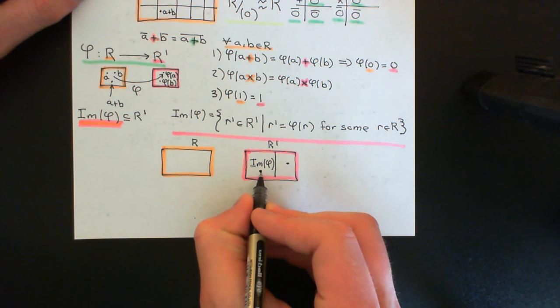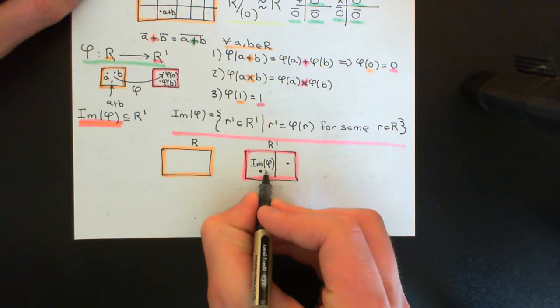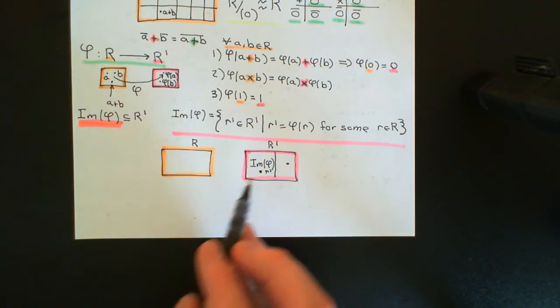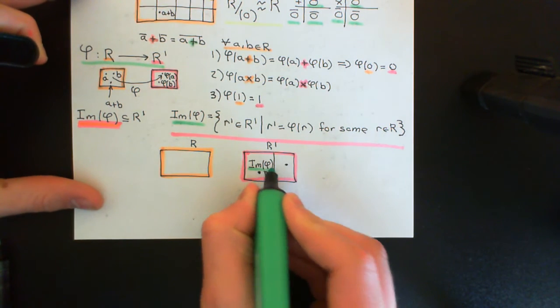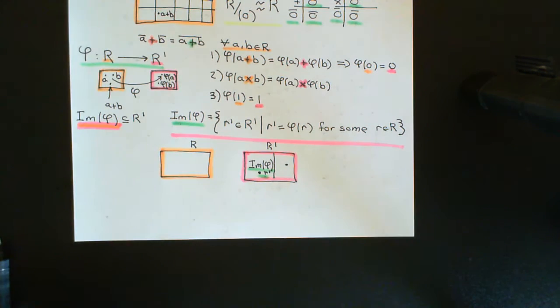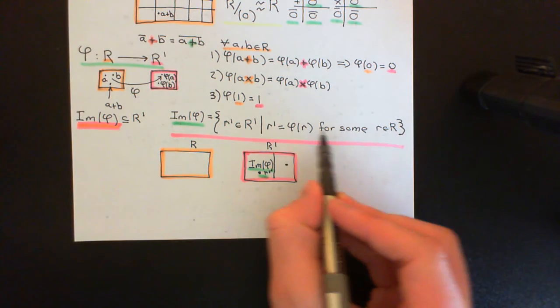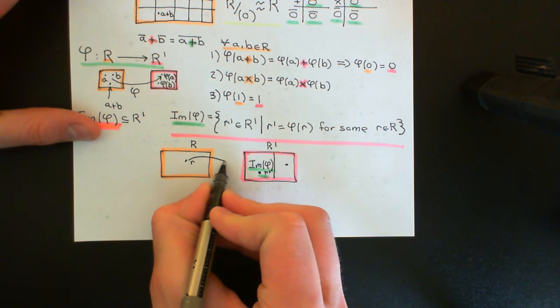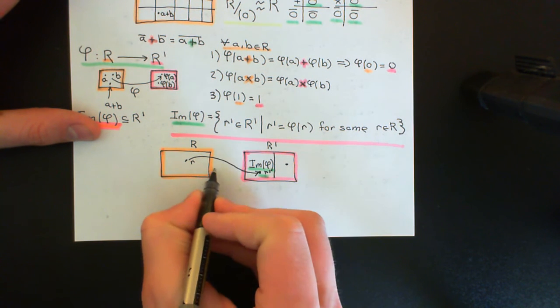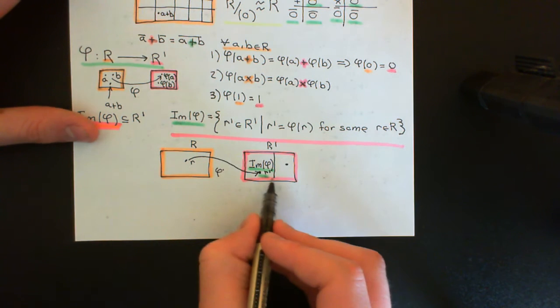So if you're in the image of the homomorphism, if you're some little r prime in the image of the homomorphism, I'll just underline the image in green here, so here is little r prime, then it means that there is some little r as an element of capital R such that if we take phi of little r, it is mapped onto r prime.